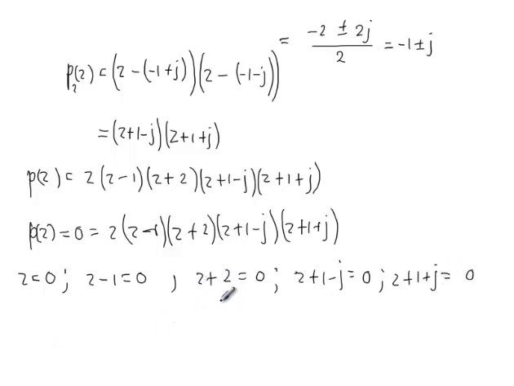I think simplifying these last 4, we get here that Z equals 1, or Z equals minus 2, or Z equals minus 1 plus J, Z equals minus 1 minus J.